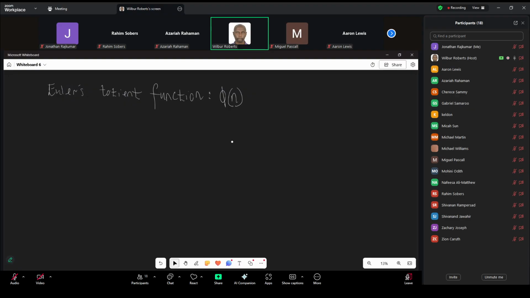Where psi n is defined as the number of positive integers less than n, right, that are relatively prime to n.